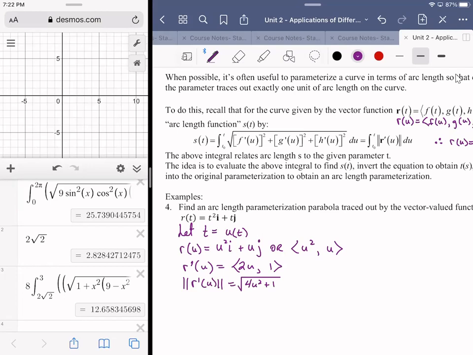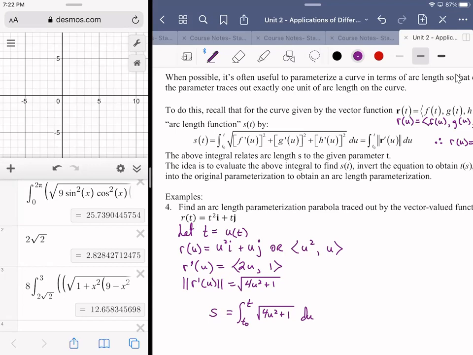So s of t is going to be equal to the antiderivative over the interval of t sub 0 to t of the square root of 4u squared plus 1 du. That's going to be equal to s, or s of t if you want. So that's the model that we're working off.